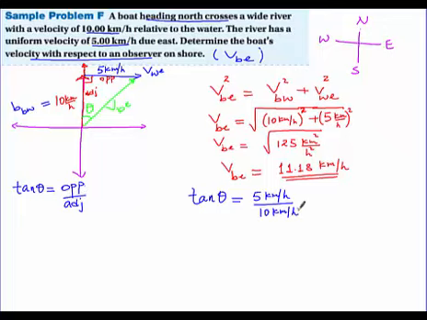So theta is the arctan, or tan inverse, of 5 over 10. When you divide 5 by 10 you get 0.5. It's a pure number because we cancel out kilometer per hour by kilometer per hour.